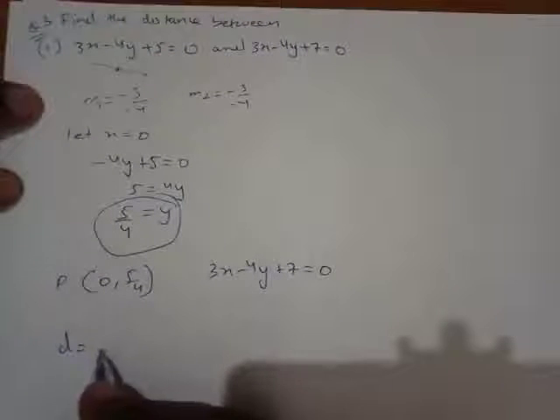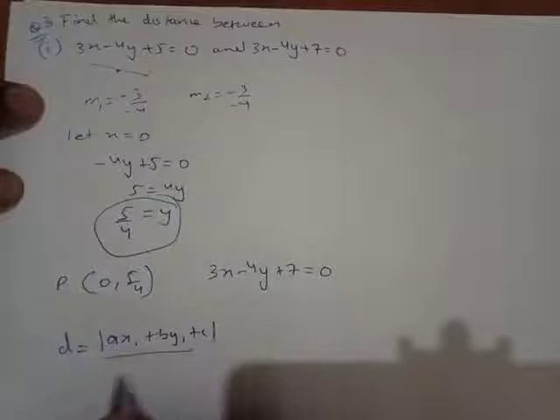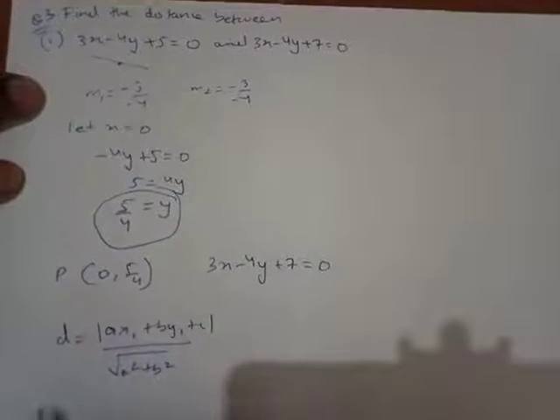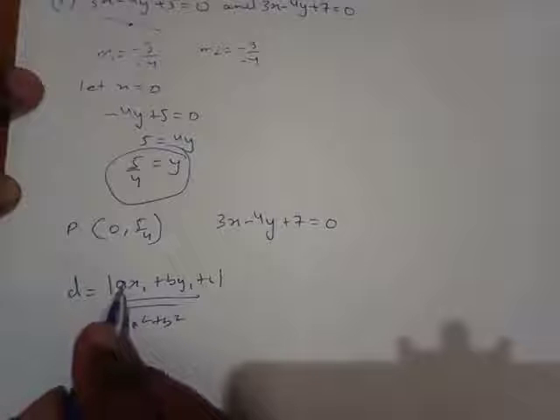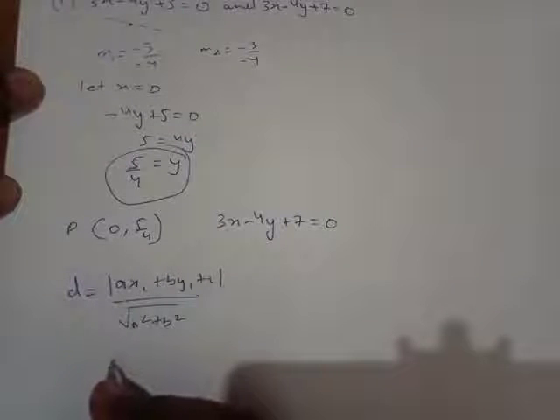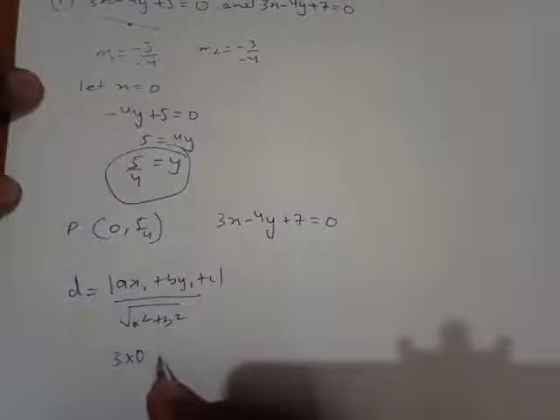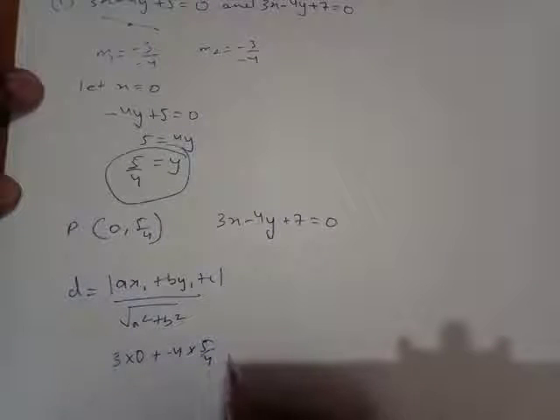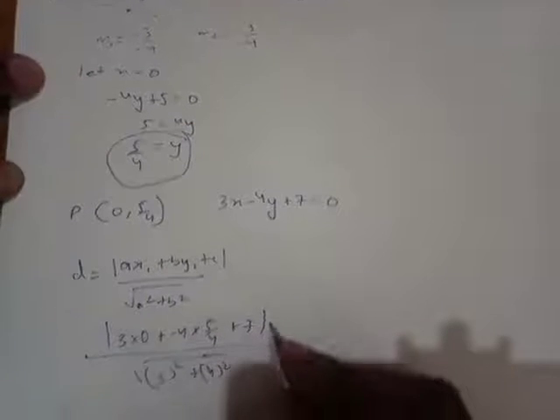So how to find the distance? You guys know very well. A x1 plus b y1 plus c upon square root of a square plus b square. Okay, and then what I'm going to do, I'm going to put the value of a. What is a? 3. 3 times x1 which is 0, plus minus 4 into 5 over 4, plus c 7, upon square root of a square and b square, that is 3 square and 4 square, if that's okay with you.